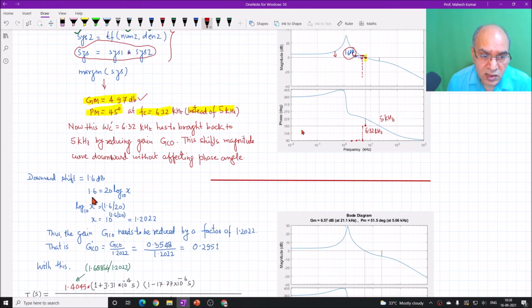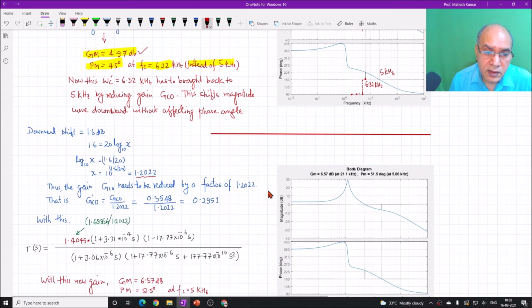So 1.6 equal to 20 log of x. What is x? X is 1.2022. So I have to shift this curve down by a factor of 1.2022, or we can divide GC0 by a factor of 1.2022. So the new gain of the lead compensator must be now 0.3548 divided by 1.2022.